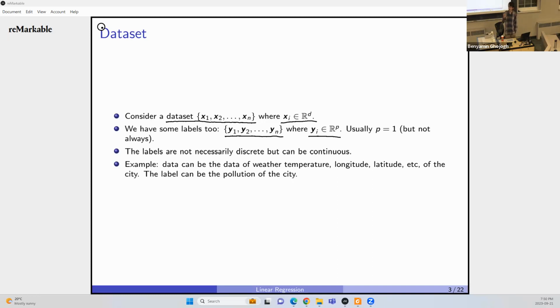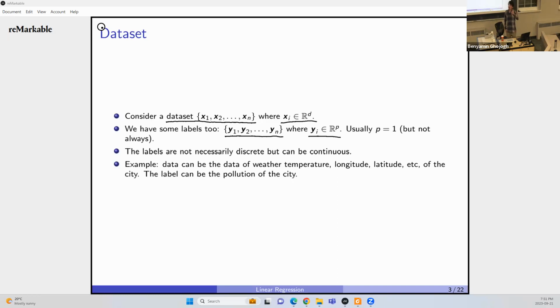So two things, okay. Or let me give a better example. The temperature and humidity, maybe. Temperature and humidity, okay?